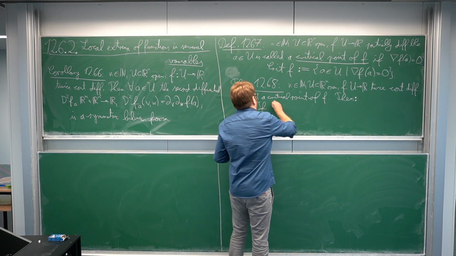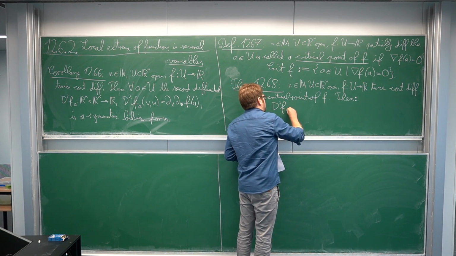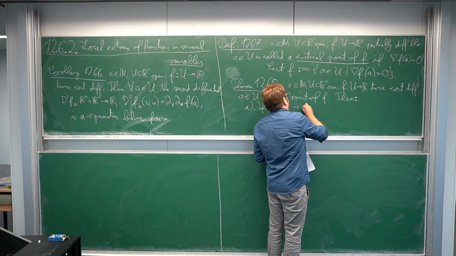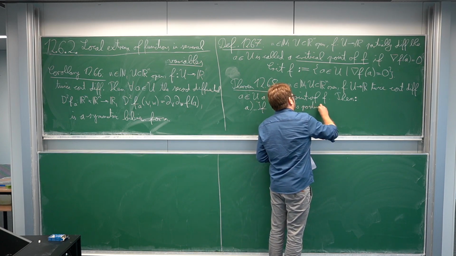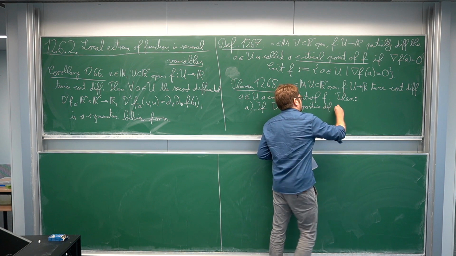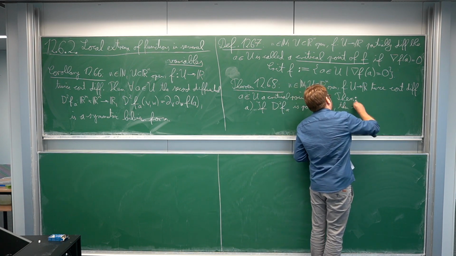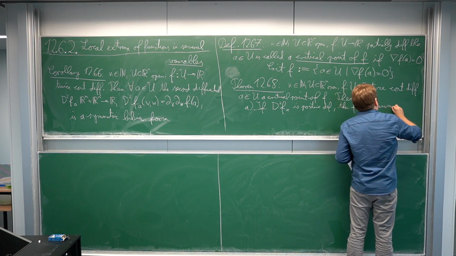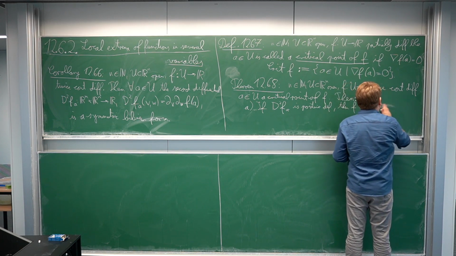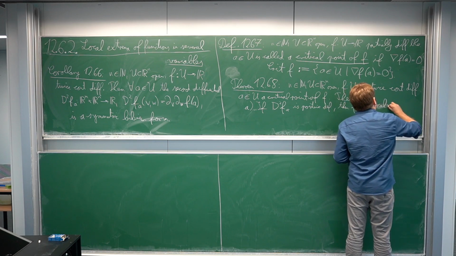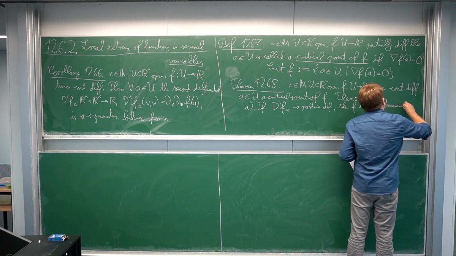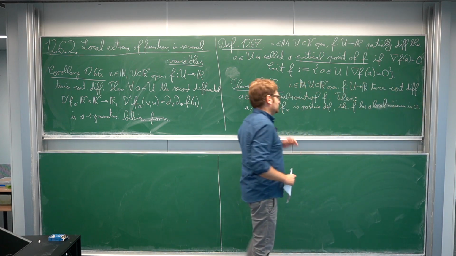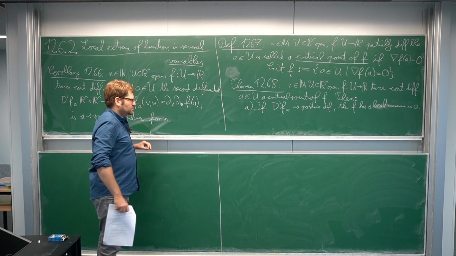Namely, first of all, if d²f in A, so the bilinear form d²f in point A is positive definite, then f has a local minimum in A. Again, this only is a local statement, so we cannot say much about global maxima and minima.